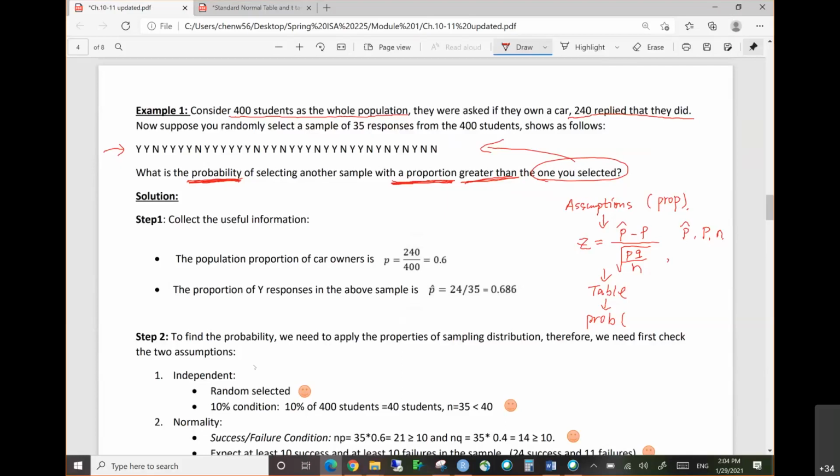Oh, so to the right. To the right, right? Because this is our question. We are looking for the probability greater than the one you selected, right? Okay, good. So we are looking for the probability to the right. That means whatever you find from the table, you need to subtract from 1.